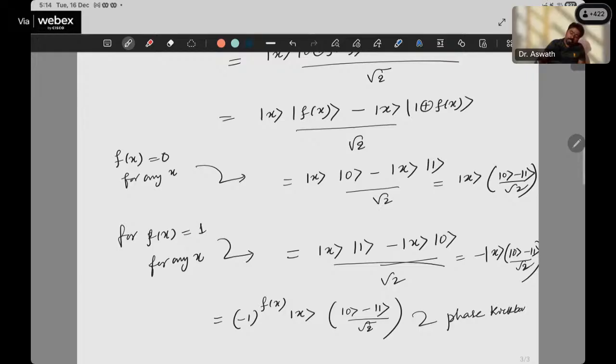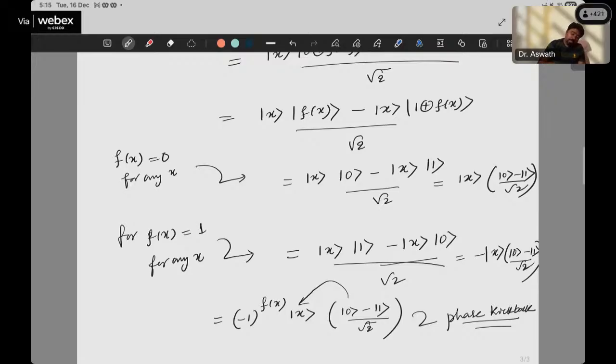It is called a phase kickback because the minus sign in the ancilla part is actually coming to the query, the control part. Usually the control remains as it is, going through a C naught gate. But here, the control amplitude is getting a negative phase depending on the functional form.